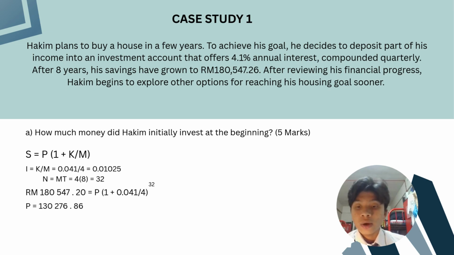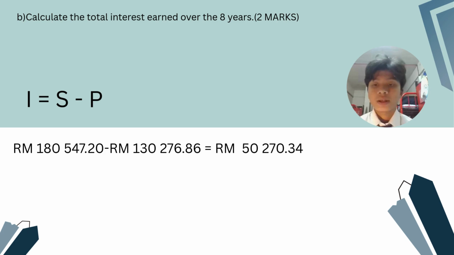For that, 180,547.20 ringgit is equal to P(1 + 0.041/4)^32. So the answer is 130,276.86 ringgit.